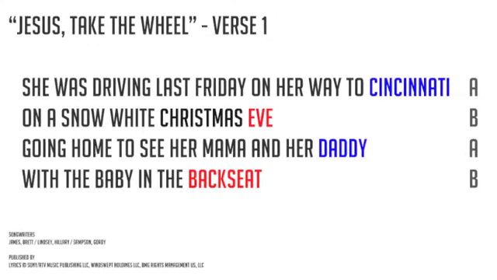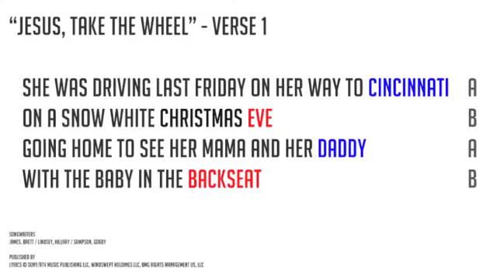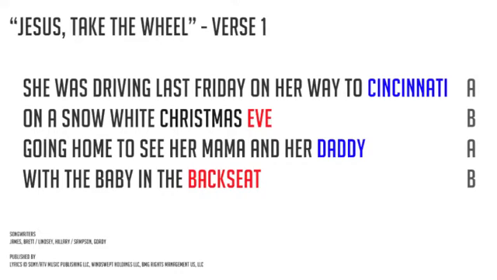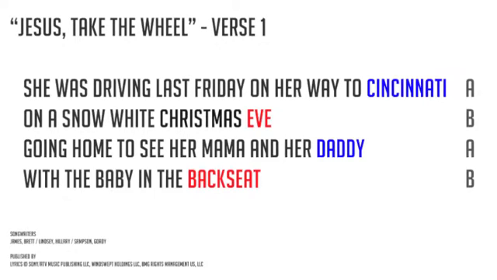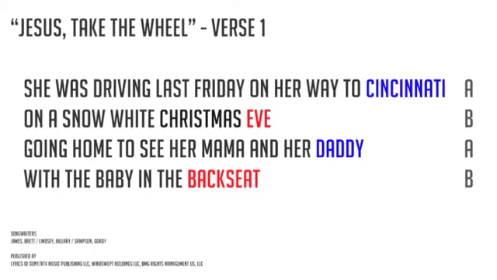And the final example that we'll look at is a double rhyme. A double rhyme is usually, but not always, just a near rhyme. Sometimes it's a perfect rhyme. In the case of Jesus Take the Wheel, in the first verse again, we have an example of what's actually a perfect double rhyme, and it's Cincinnati and daddy.